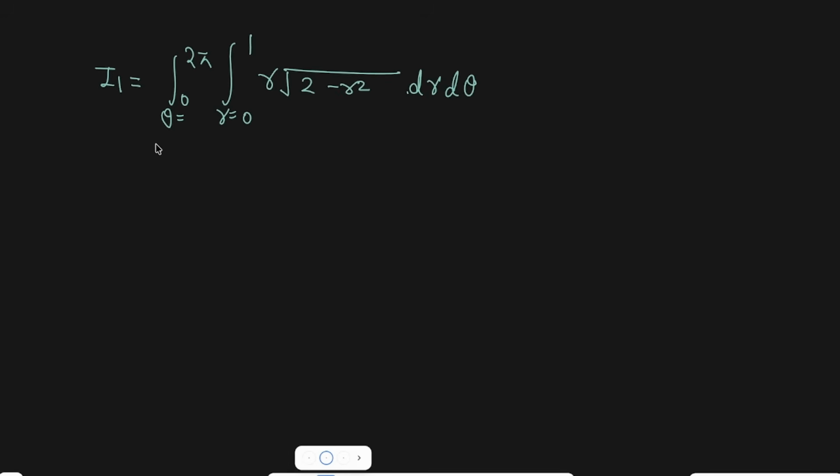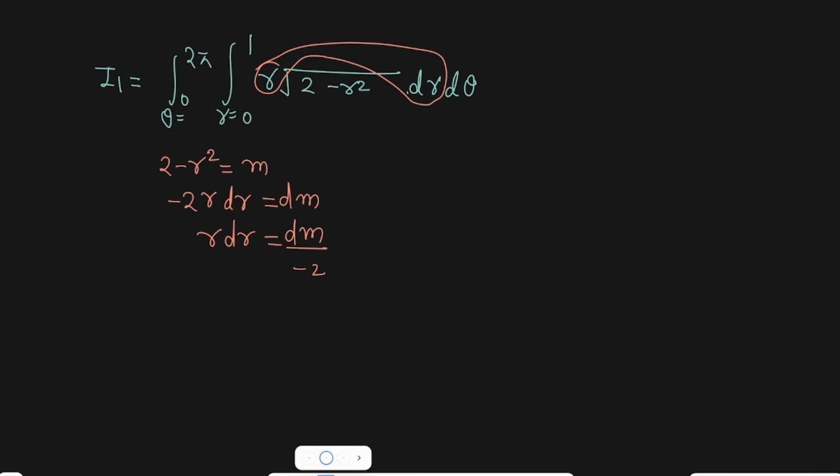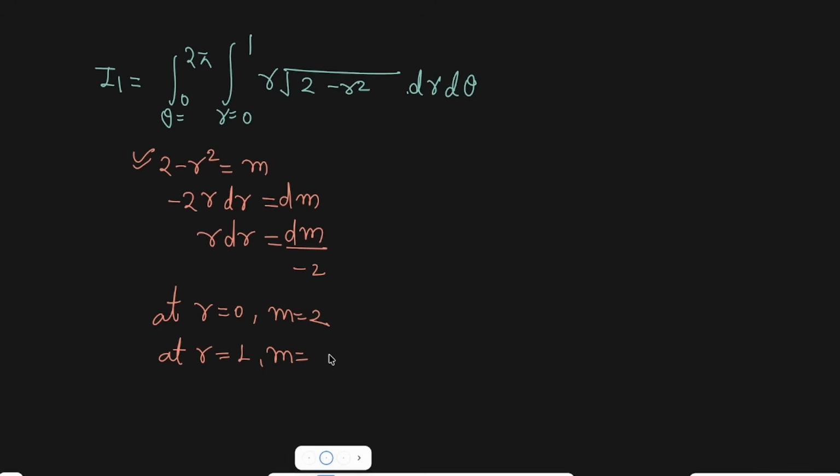Now what to do, you take 2 minus r square is equals to m, so it will be minus 2r dr equals dm, and r dr is equals to dm upon minus 2. So at r is equals to 0, m is equals to 2, you change the limit, and at r is equals to 1, m is equals to 2 minus 1 will be 1.